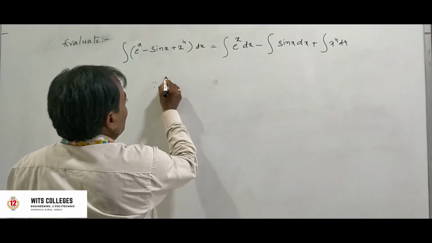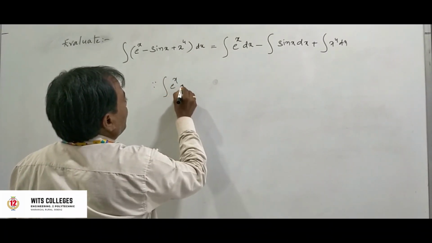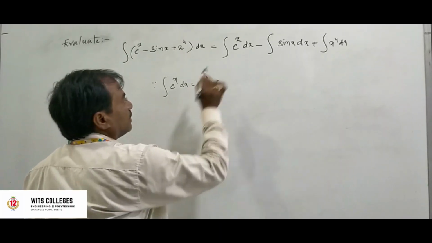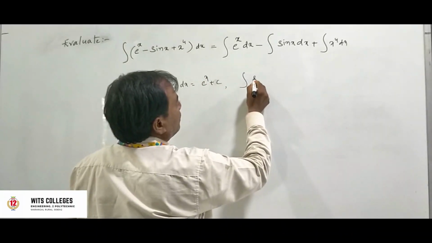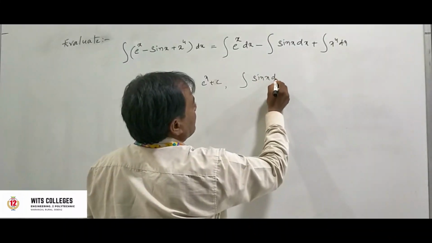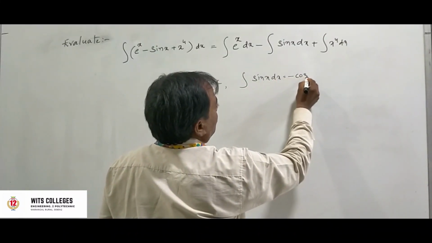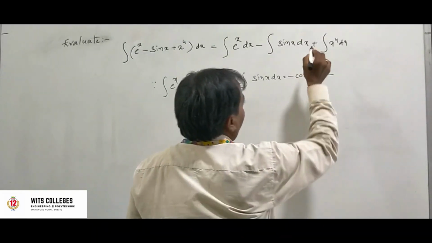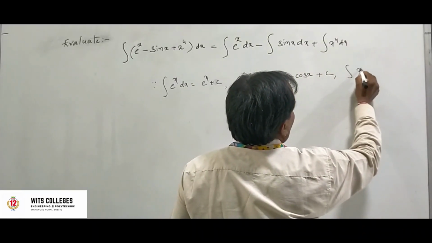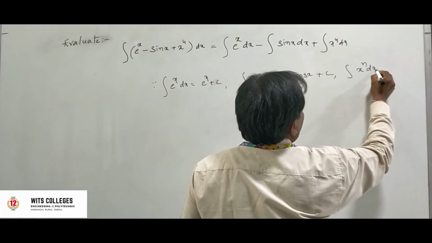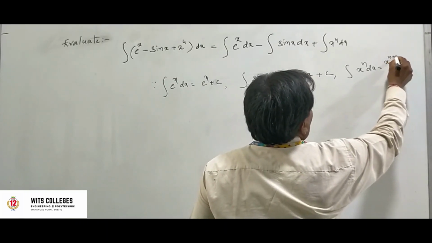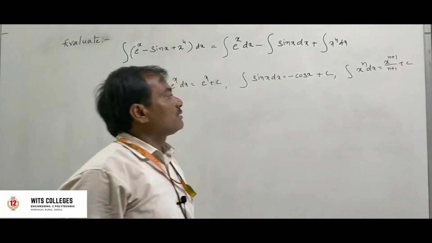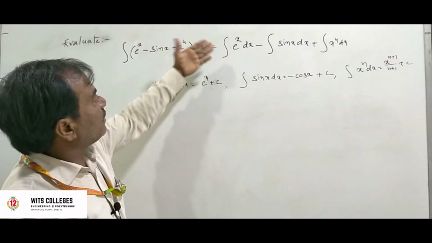Since integral e power x dx equals e power x plus c is the first formula, and the second formula, integral sin x dx equals minus cos x plus c, and the third one is of the form integral x to the power of n dx, which is x to the power of n plus 1 by n plus 1 plus c. We have to use these three formulas for evaluating the given integral.